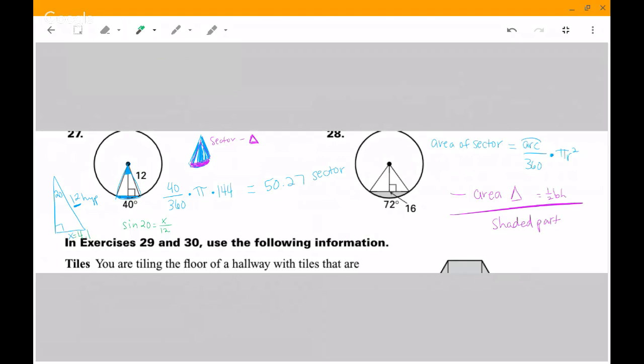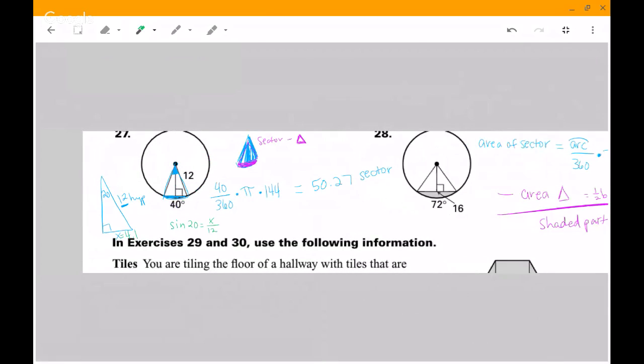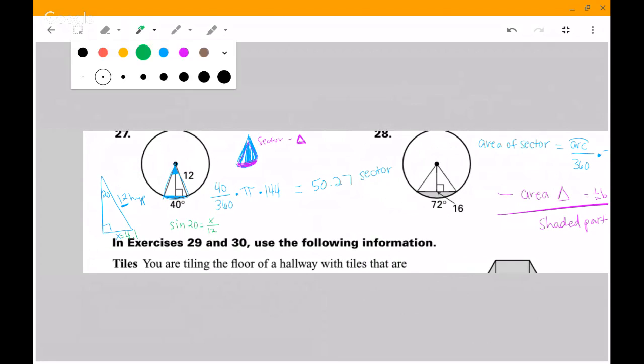And then to get the height, you could do trig again. You can do Pythagorean if you want, but you've already rounded, so it's just going to keep you rounding more and more. So I'd probably just do trig again to keep some more decimals in there. You do cosine.